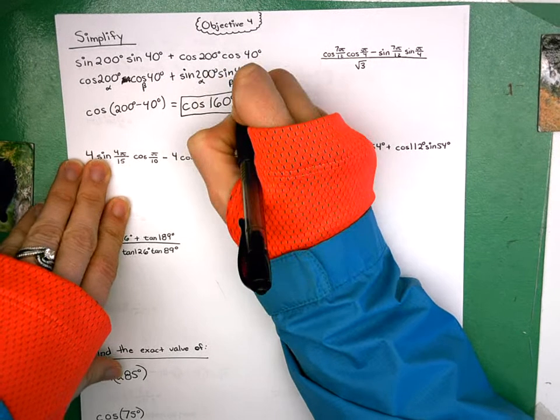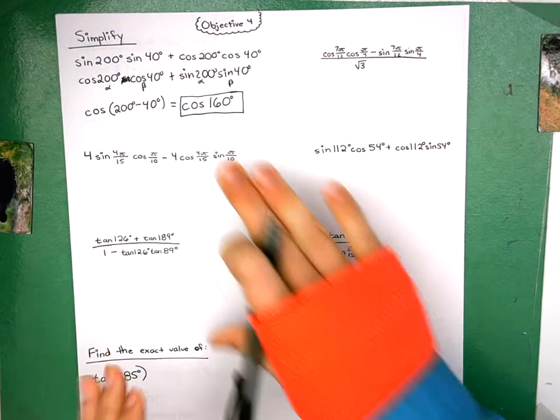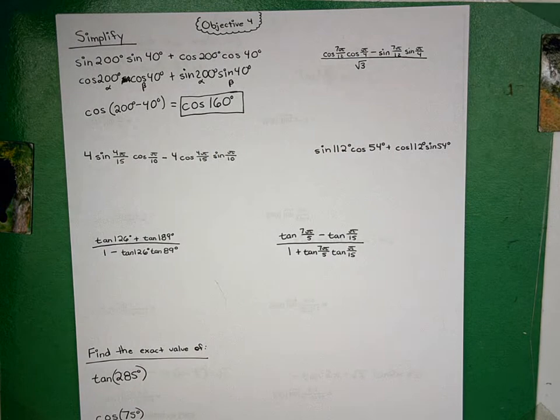And then you always want to double check, and if this is something that we can actually evaluate, you would take that next step, and we'll do a couple of those today where we can do a little bit more. This particular one, I don't know what the cosine of 160 degrees is, and so I just leave it there. Okay?